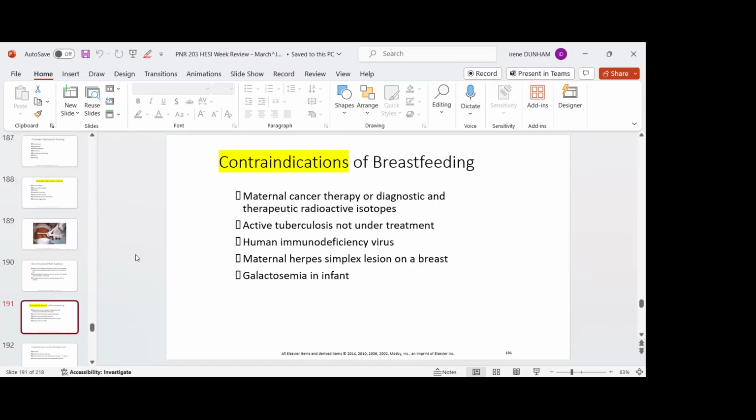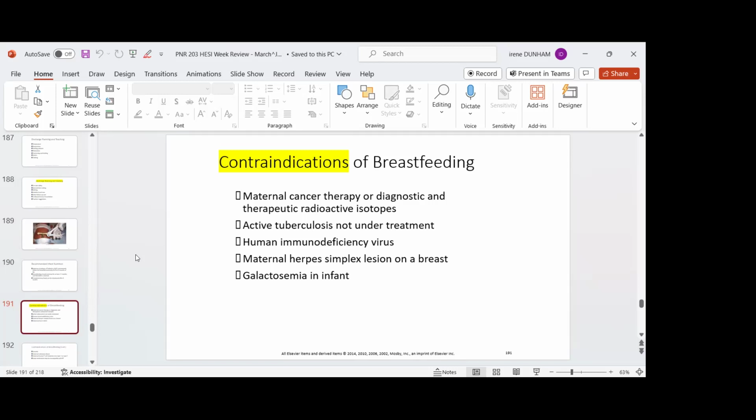Contraindications of breastfeeding. Well, we talked about HIV. You cannot breastfeed if mom has tuberculosis and is not under treatment. Herpes with a lesion on the breast, cannot breastfeed. And the problem with galactosemia in infants, because the baby can't break down galactose.